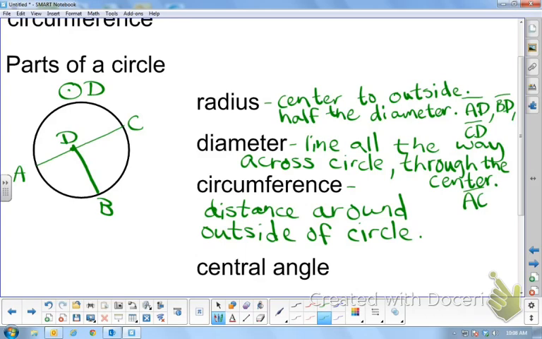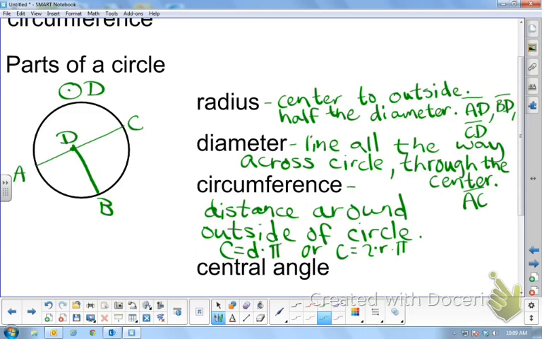Diameter times pi. Or, we know diameter is twice the radius, so I could also say circumference is 2 times r times pi, because 2 times r is the same thing as diameter.